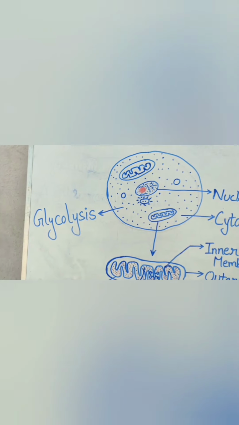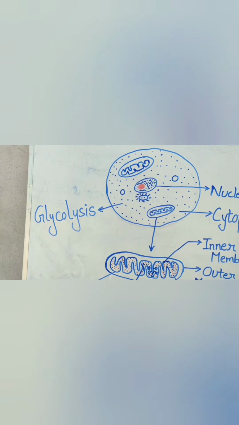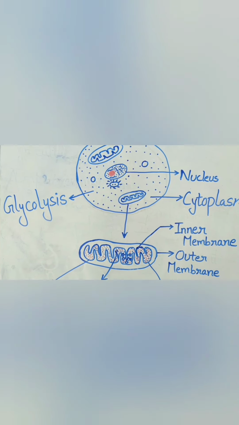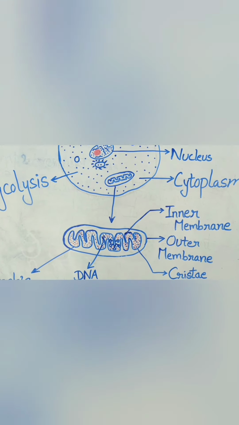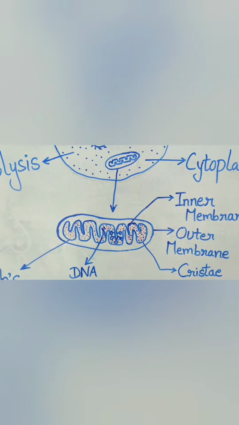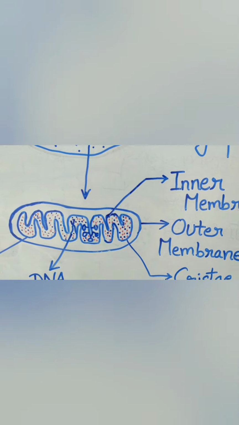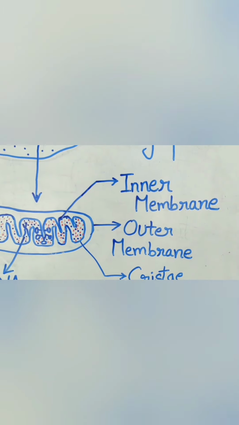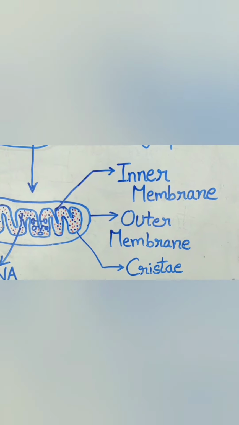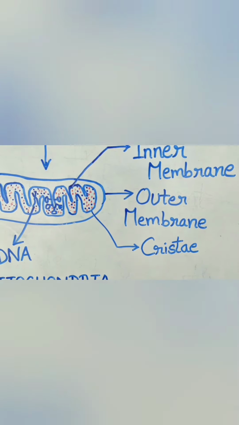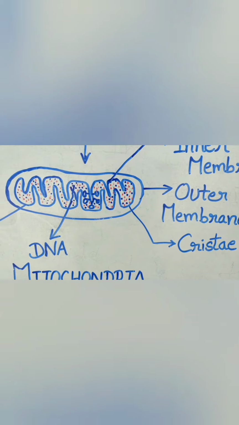From there, the 3-carbon compound pyruvic acid enters the cell organelle called the mitochondria, which is the powerhouse of our cell. This mitochondria has 2 membranes. The outer membrane is intact, whereas the inner membrane is thrown into foldings called cristae. Inside the mitochondria is also present the matrix.